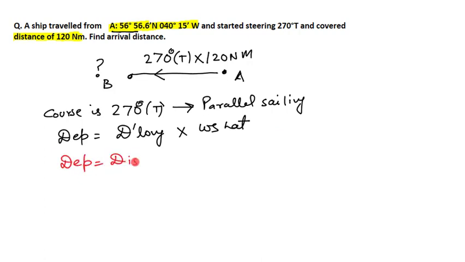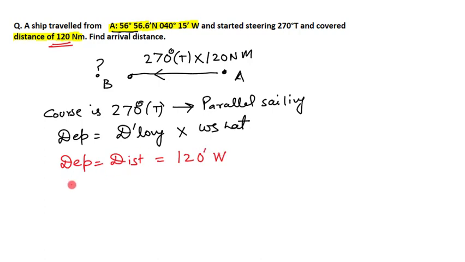But we know it very well, the distance is already given, which is 120 nautical mile. And since the vessel is going 270 in the westerly direction, the departure has to be in westerly direction. This will be the departure.